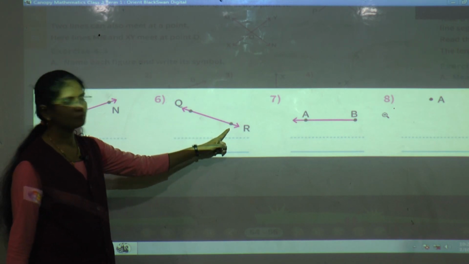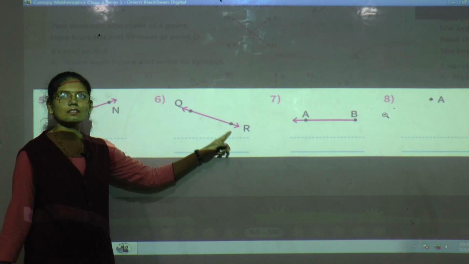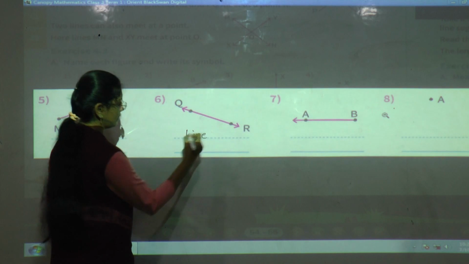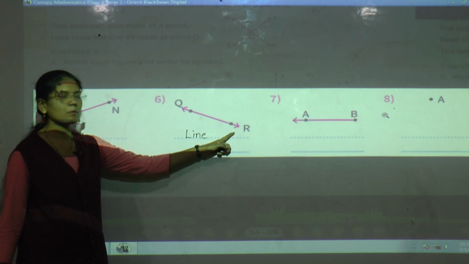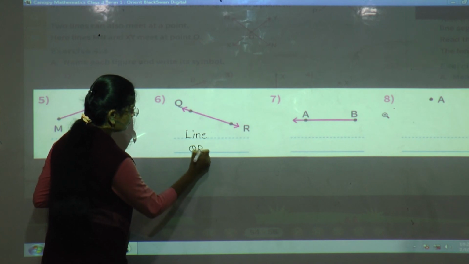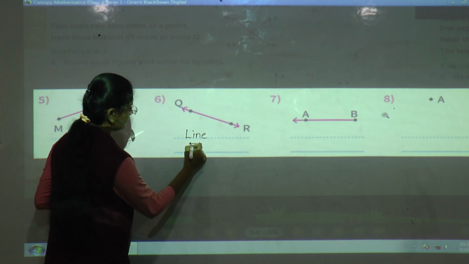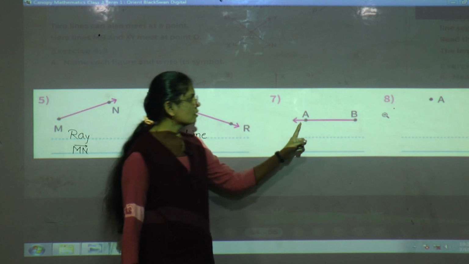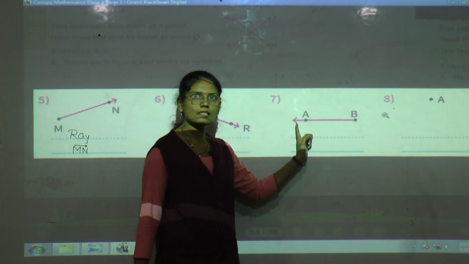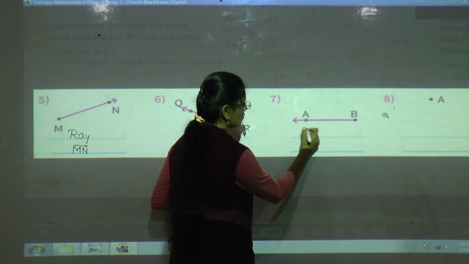Now see this again. What is this? This is a line. Now what is the name of the line? Line QR. Now see this seventh one. This is, yes, a ray.